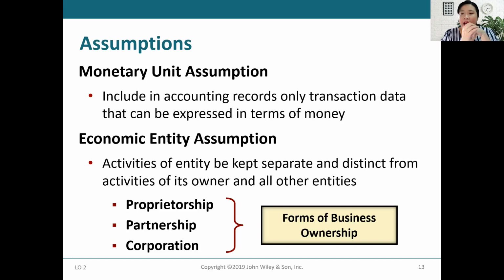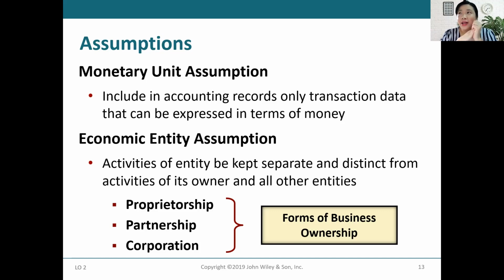For example, let's say the owner of the company goes to the supermarket with his family, and he shops and pays $200. So should we record this transaction in the company? The answer is no, because this is the activity of the owner. It should be kept separate from the activity of the business.